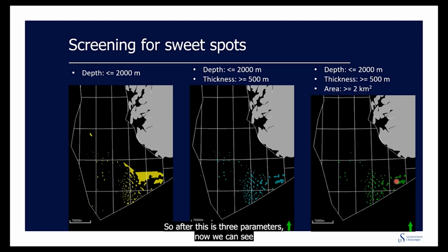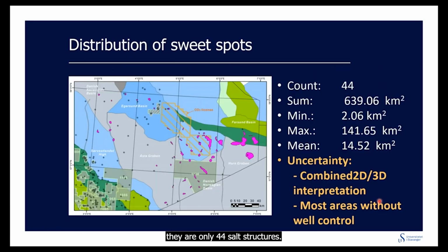So after these three parameters, now we can see there are only 44 salt structures screened out as the sweet spots. The total area of these salt structures is more than 639 square kilometers. The average size of these salt structures is 14.5 square kilometers.